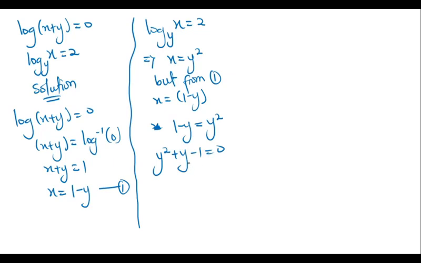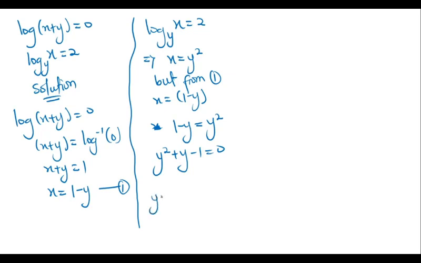Now we can see that we have a quadratic equation, and we are to solve this quadratic equation to obtain the value for y before we substitute and get the value for x. So all we have to do is to write down our formula for finding the values of y.